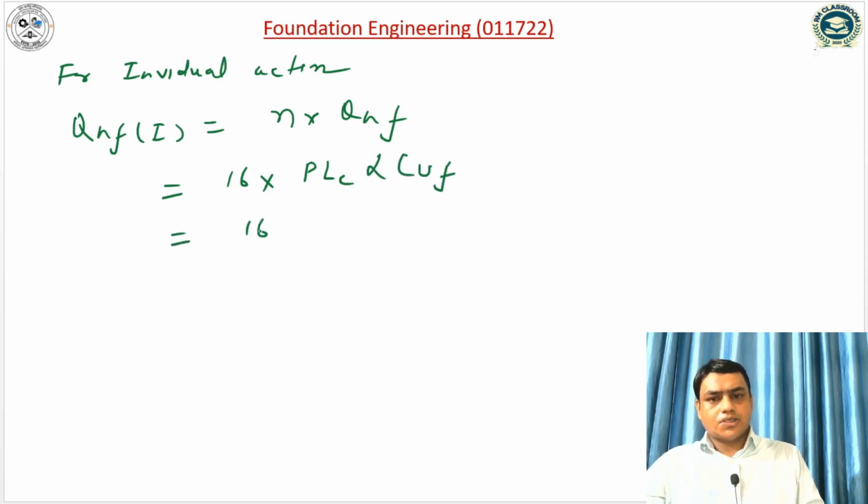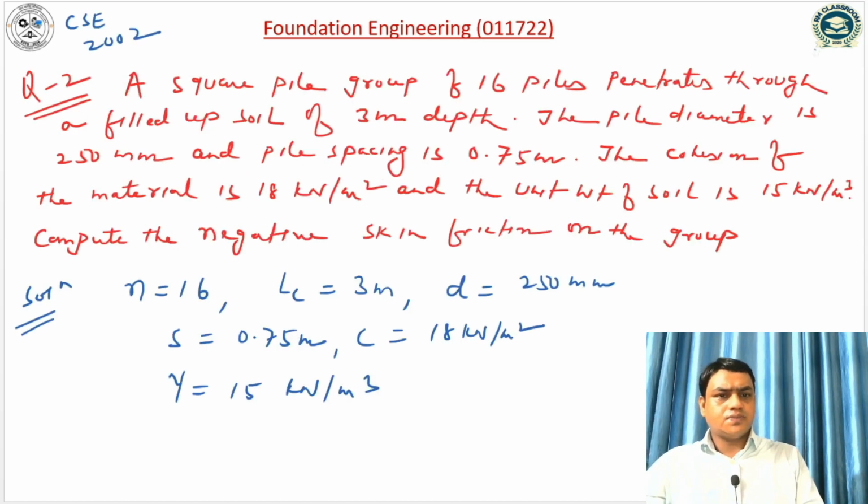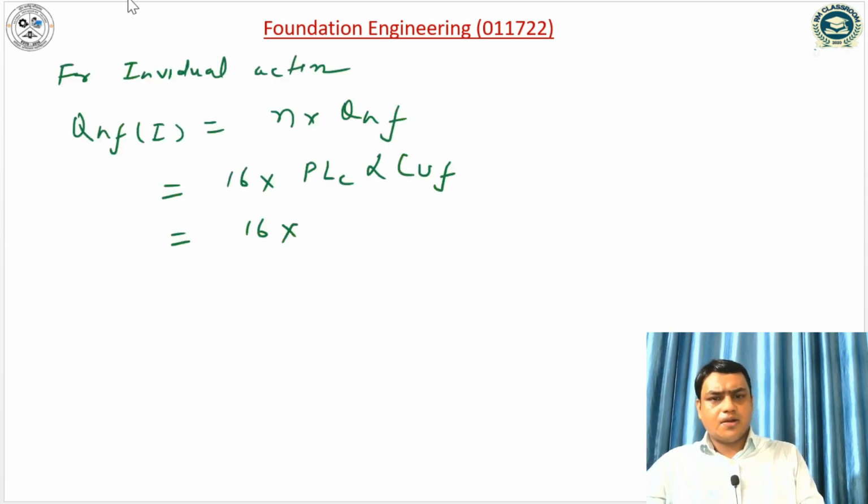So it will be 16 into the perimeter of the single pile. The pile diameter is 250 mm, so pi DL, pi into diameter 0.25, into length 3.